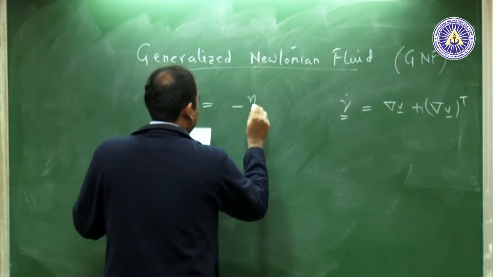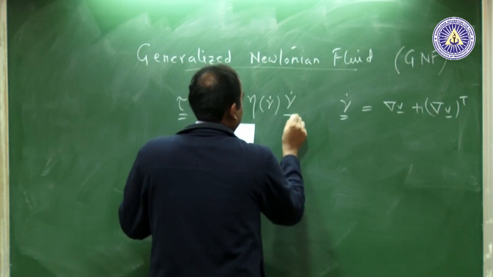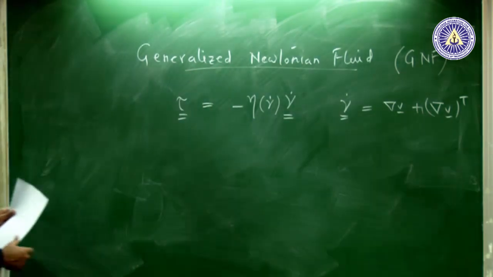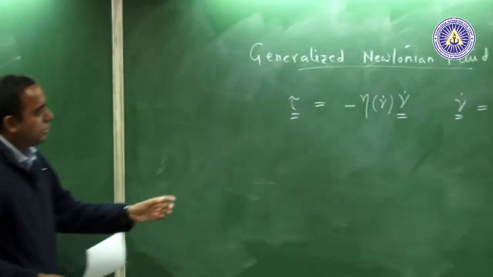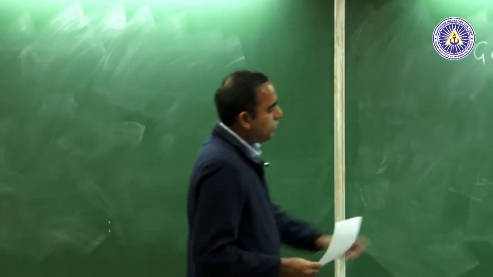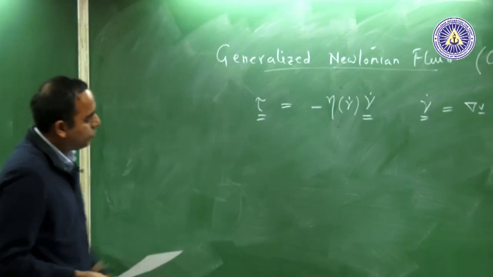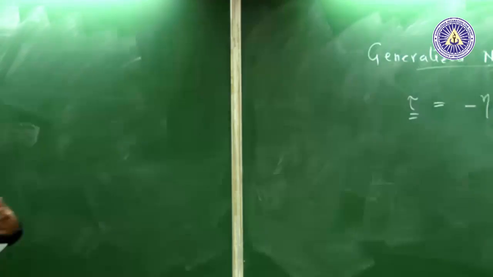So, we will replace it with eta of gamma dot. Instead of mu, all we do is replace mu with a function, the viscosity function, and this viscosity function actually is more empirical in nature. As of now, for this class of models, the viscosity function is more data driven.